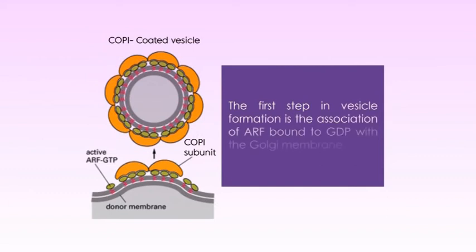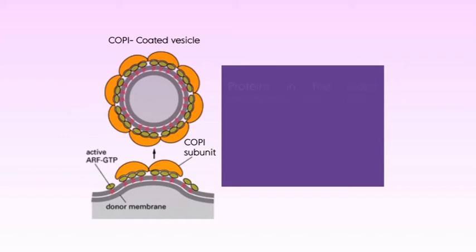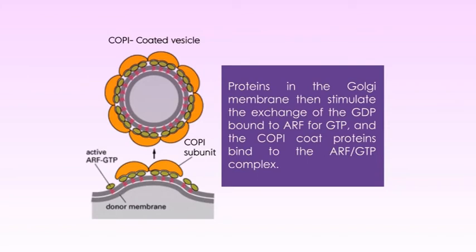The role of these proteins is illustrated by the function of ARF in assembly of COP1 coated vesicles. The first step in vesicle formation is the association of ARF bound to GDP with Golgi membrane. Proteins in the Golgi membrane then stimulate the exchange of GDP bound to ARF for GTP, and the COP1 coat proteins bind to the ARF GTP complex.